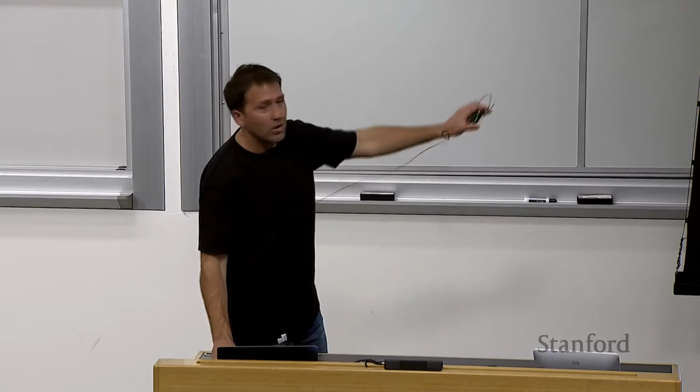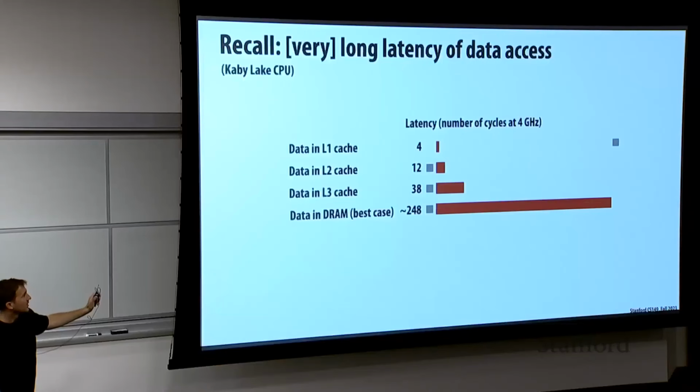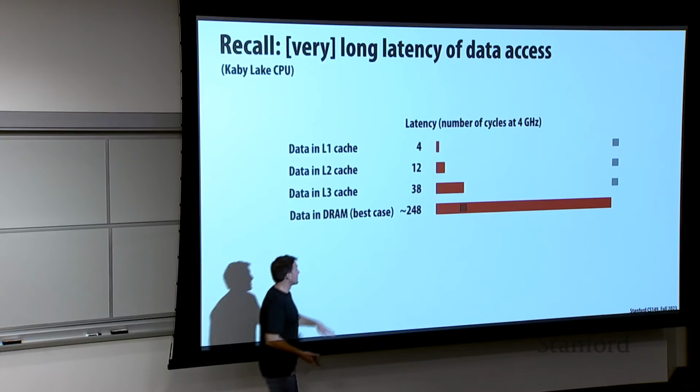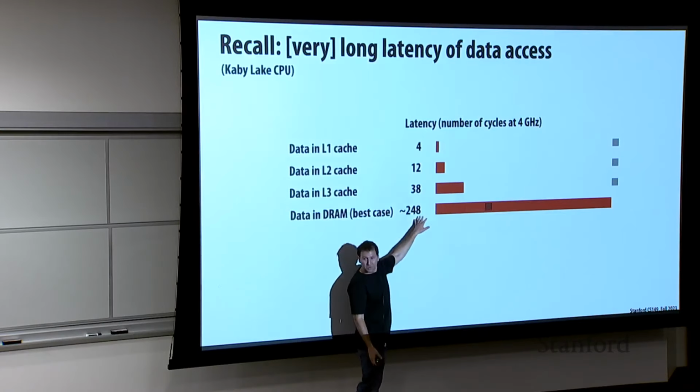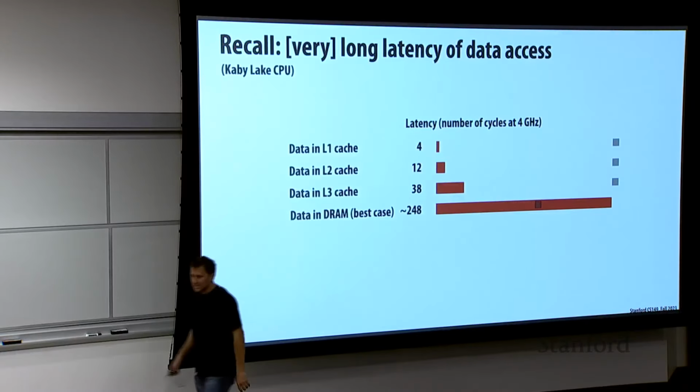Okay, so I've kind of beaten in early in the lecture about the effects of latency, right? And we motivated caches as being this thing in a processor that is critical to not running at 250th of peak performance waiting on these things.